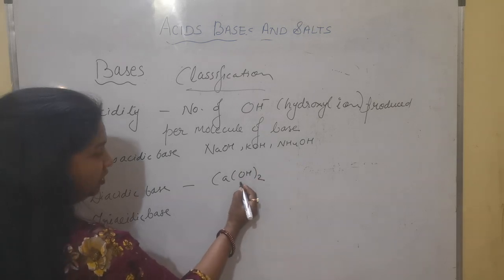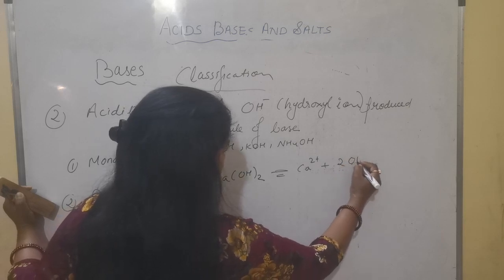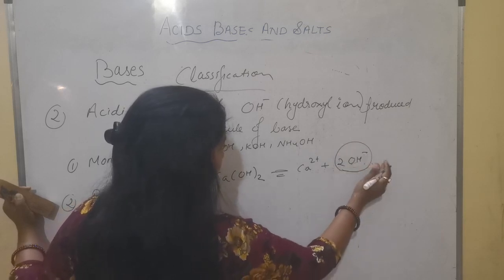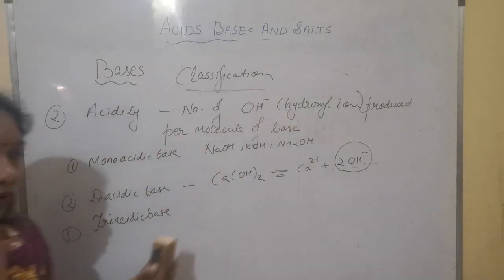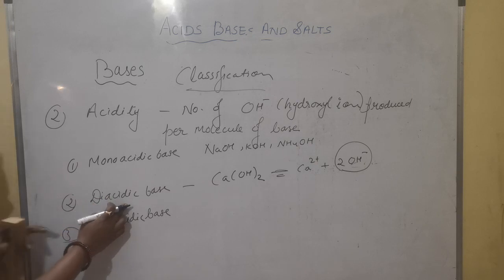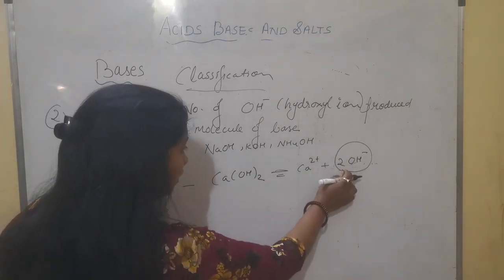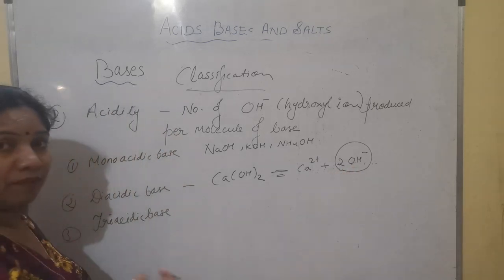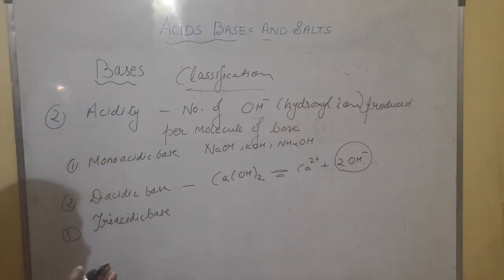On dissociation, it will give calcium 2 plus and 2 hydroxyl ions, and these 2 hydroxyl ions will combine with 2 hydronium ions to form salt and water. So that is why it is a diacidic base. By diacidic we mean the hydroxyl ions getting formed here will combine with the hydronium ion of the acid. Acid plus base gives salt and water.